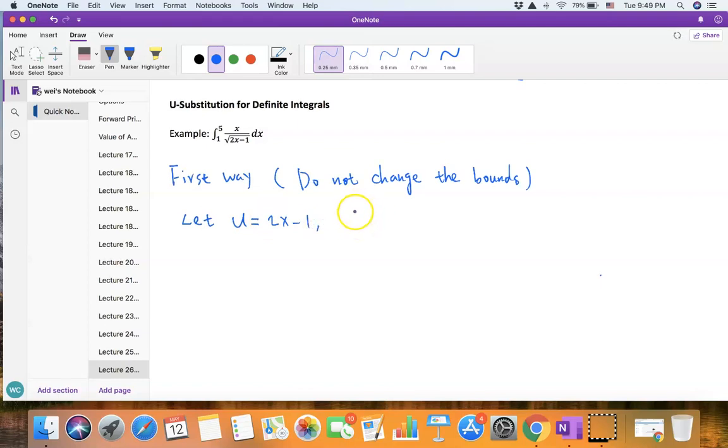If u is 2x minus 1, then du over dx is the derivative of this, which equals 2. Therefore, dx is 1 over 2 times du. Okay, now we substitute u for 2x minus 1, and we substitute 1 over 2 du for dx.